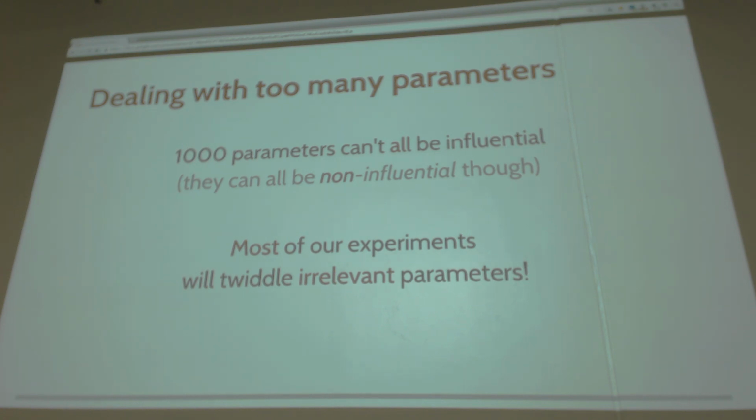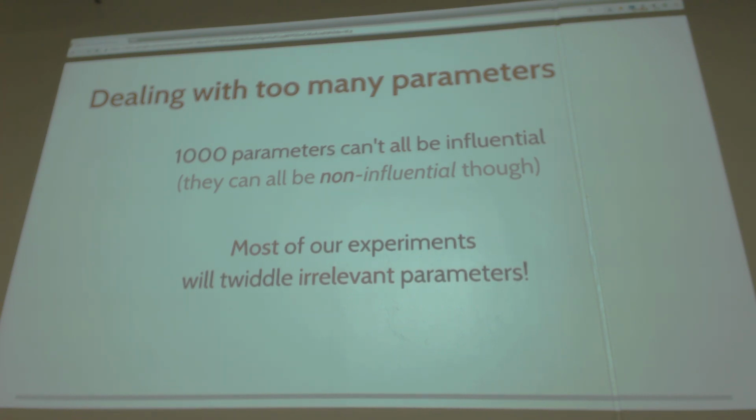The problem is that if we choose an experiment design for 1,000 parameters and run a model on it, then most of the points we generate will differ by a lot of parameters that are irrelevant. So most of the experiments will change parameters that don't change anything at all, and this seems wasteful.